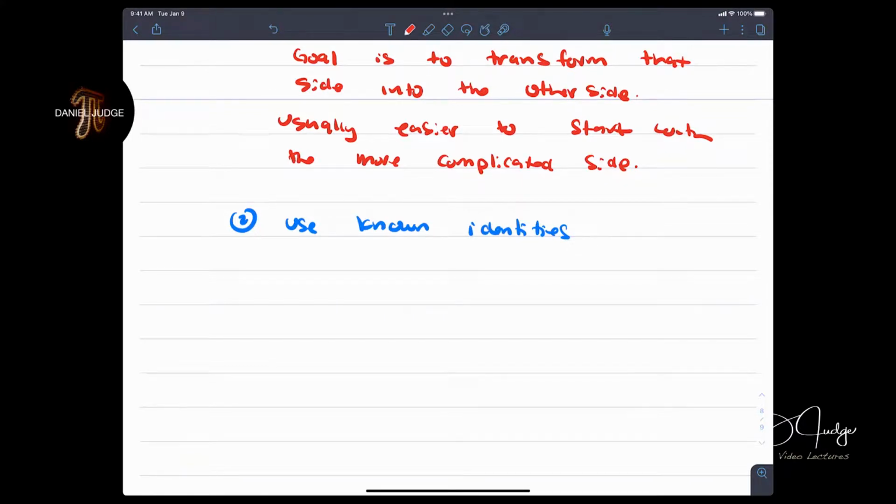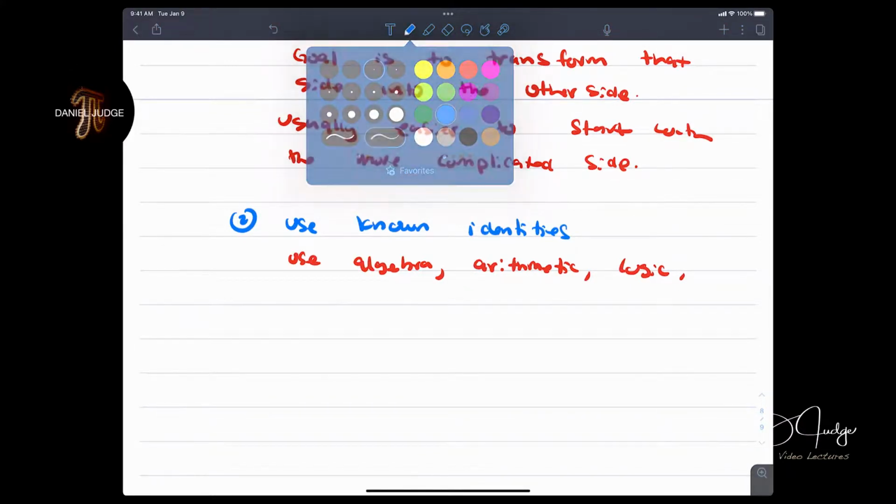So remember the whole idea. You want to use known identities, algebra, really arithmetic, same thing, logic. Use known identities, algebra, arithmetic, and logic to accomplish that task, really.